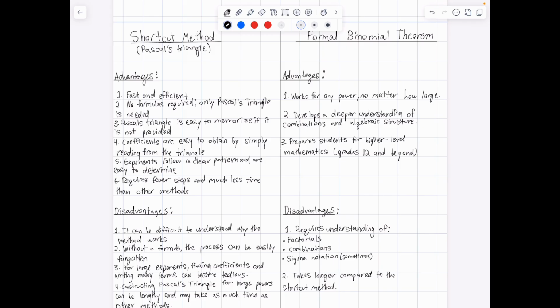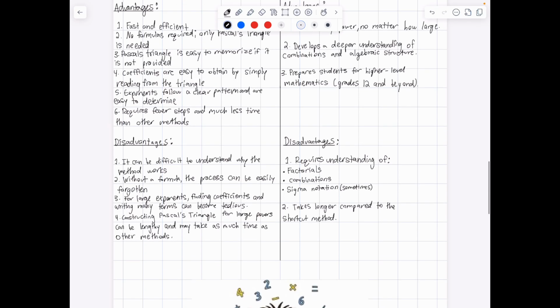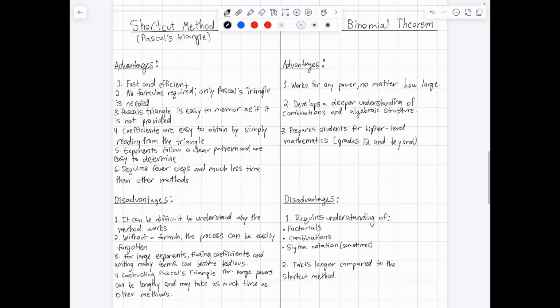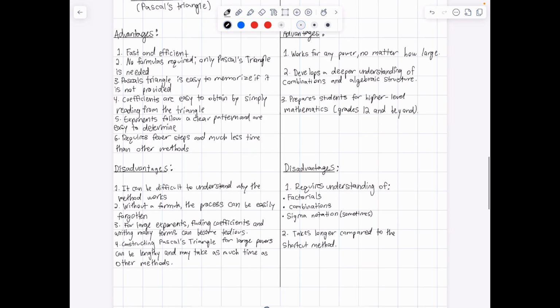Now let's do advantages of the formal binomial theorem. It works for any power, no matter how large, develops a deeper understanding of combinations and algebraic structure, and this method prepares students for higher level math, like grade 12 and beyond. Now disadvantages of the shortcut method. It can be difficult to understand why it works. Without a formula, it can be easily forgotten.